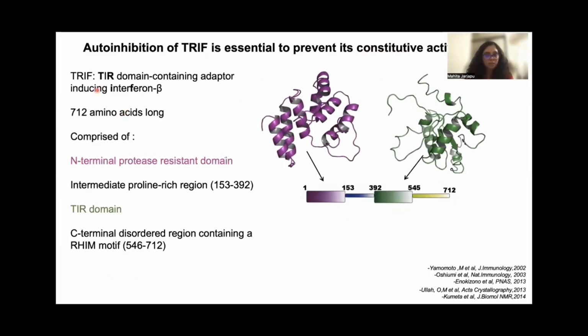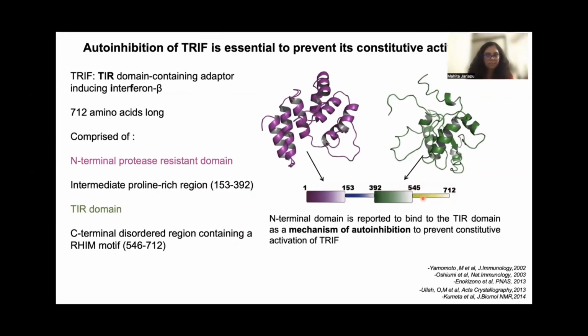The TRIF protein actually comprises the N-terminal domain and the TIR domain, and they are separated by a protein region and the C-terminal disordered region.